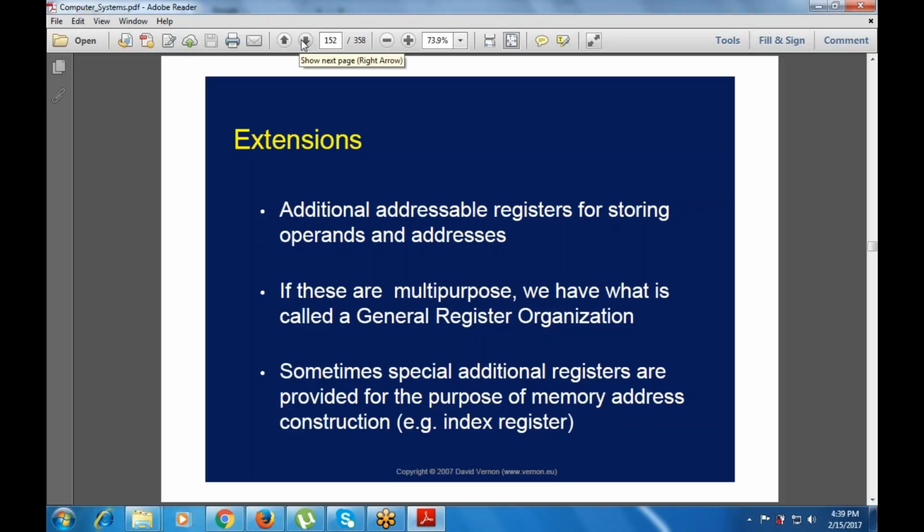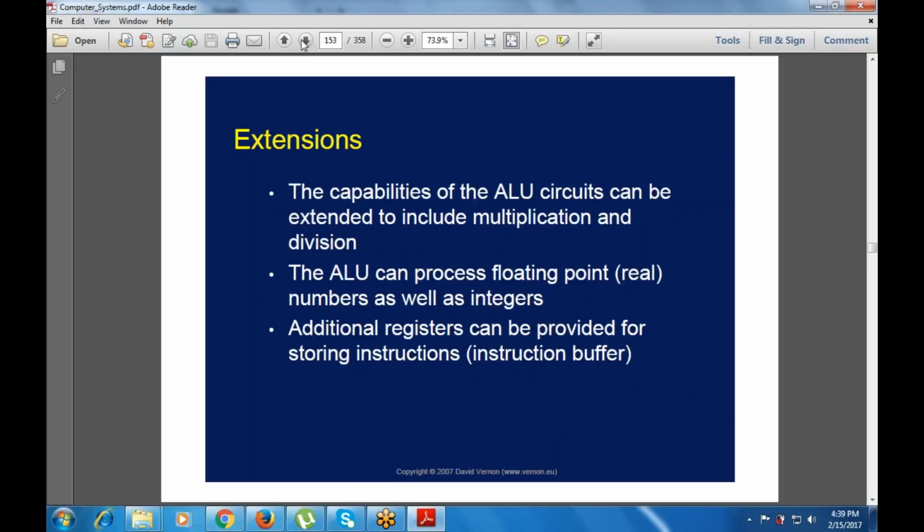Special address registers are also provided for the purpose of memory address construction, known as an index register. And the capabilities of the ALU circuits can be extended to include multiplication and division. Now, the ALU circuits are available for addition, subtraction, division, and multiplication. And the ALU can also process full floating point numbers.